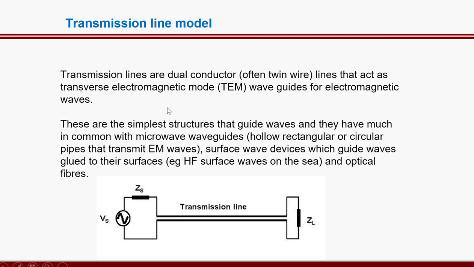These simplest structures guide the wave. They are commonly used in microwave engineering, where they are known as waveguides. Waveguides are surface mounting devices, and they guide the waves at higher frequency.